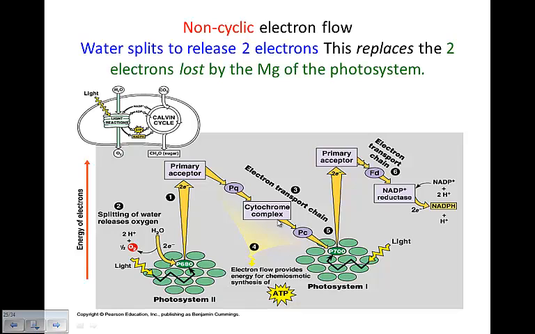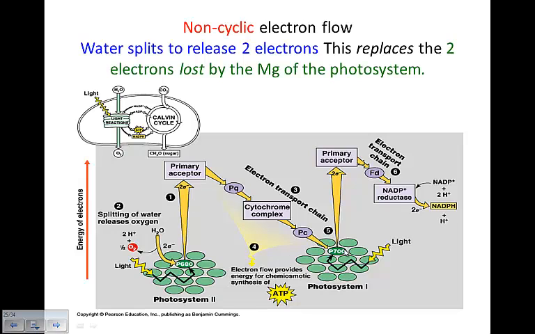As the excited electrons go down this electron transport chain, their excited kinetic energy, energy in motion, is also called free energy. Remember we talked about Gibbs free energy. It was there, and here it is.